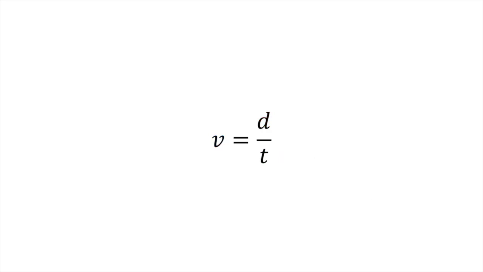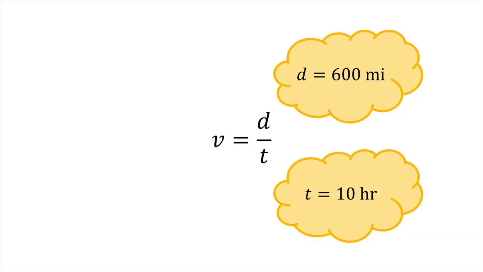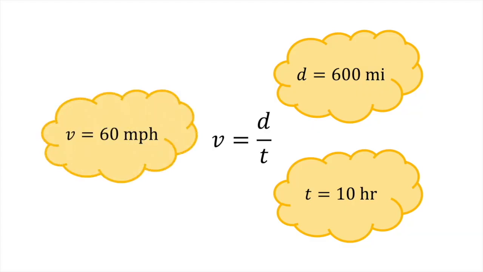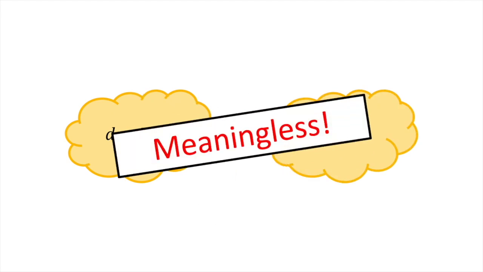So, for instance, d might represent a distance of 600 miles, t might represent a time of 10 hours, and correspondingly, v might represent a speed of 60 miles per hour. In each of these cases, the algebraic symbols carry both a number and a unit. Just saying that d is 50 or t is 4 without quoting a unit is simply meaningless in physics.